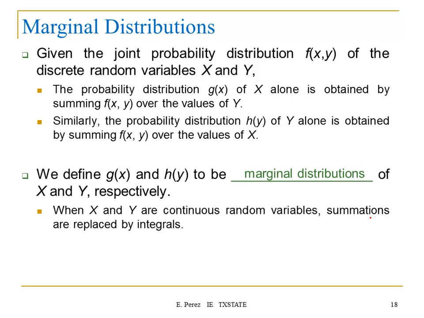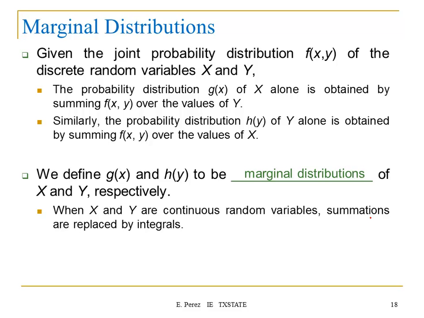Now, when we have continuous random variables, the summations are replaced by integrals, which is what we have been doing so far. We know that instead of summation, we need to use integration. So now we're going to focus on how, based on the joint distribution that considers both random variables x and y, we obtain the probability distribution for only one of the variables, x or y.